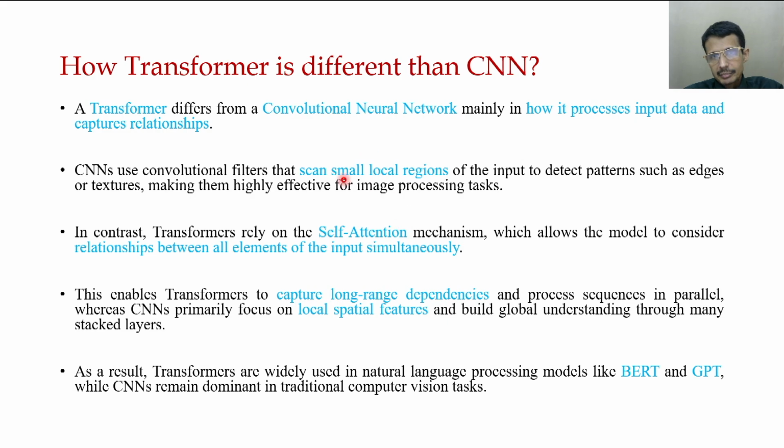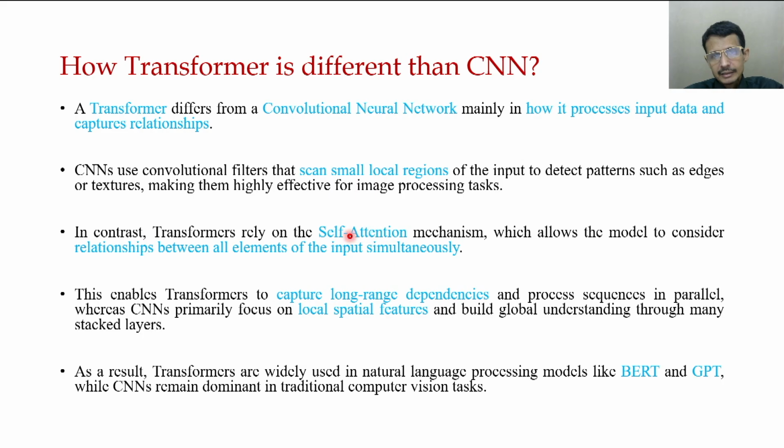Where the CNN is based on the local, the transformer basically tries to find, if there is a sentence or a series of image patches, the relation between each patch and each patch, each word and each word.